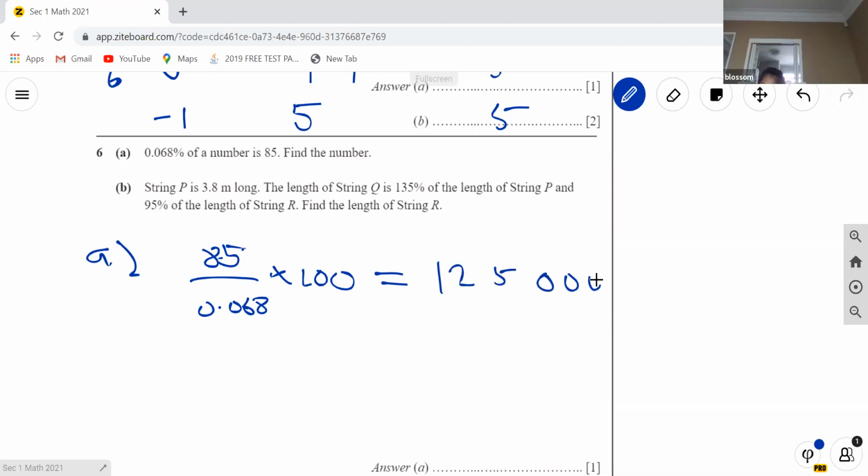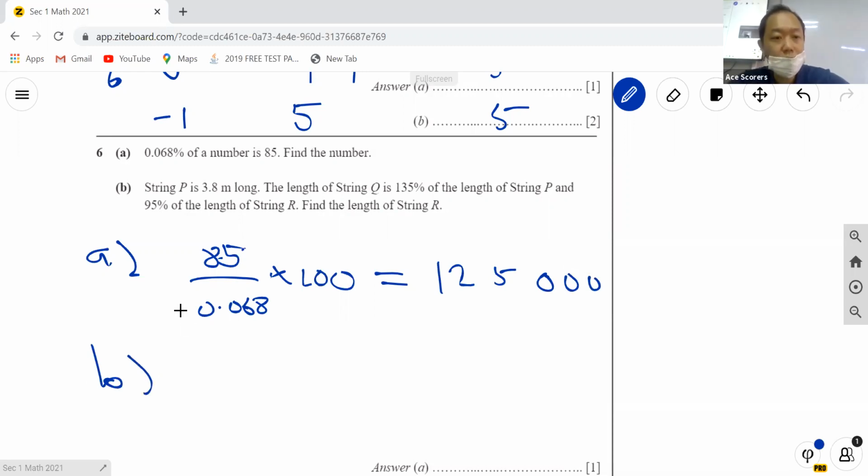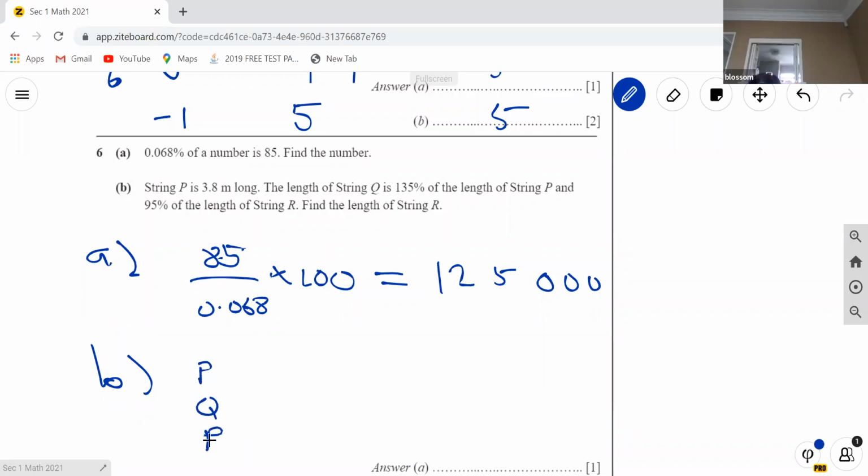Then for part B, string T is 3.8 meters long. The length of Q is 135% the length of T, and 95% the length of R. Find the length of R. So we have P, Q, R. T is 3.8 meters.